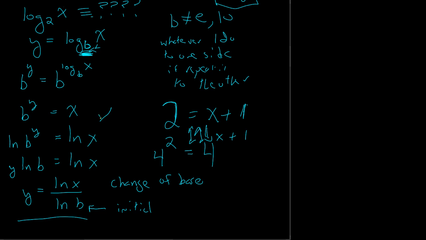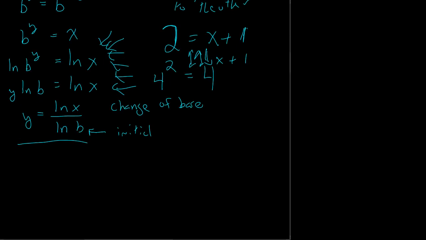Now this part right here, I could have done it this way. So I'm going to switch over to Fire Engine Red. And I'm going to come to this step right here. I'm going to bring this step right back down. b to the y equals x. And you know what? I don't like the natural log key. I like the log key on my calculator.